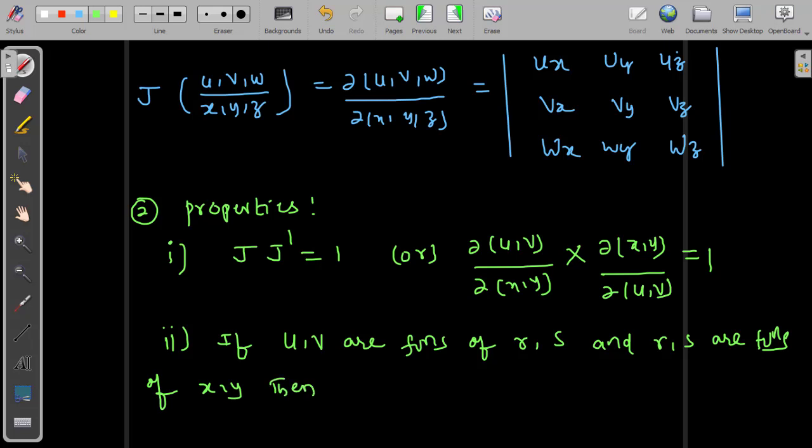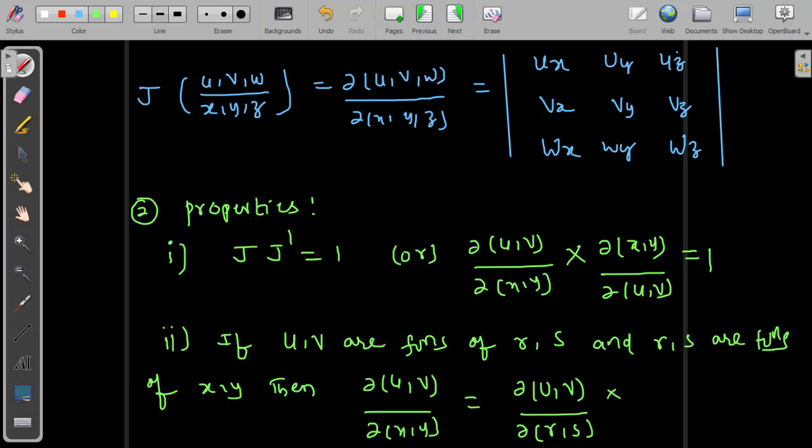Then the Jacobian of (u,v) with respect to (x,y) is defined like this: ∂(u,v)/∂(r,s). Here r, s are independent variables. In the product case, this is multiplied by ∂(r,s)/∂(x,y). This property is called Jacobian property 2.